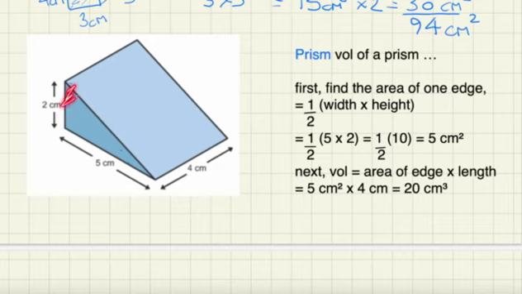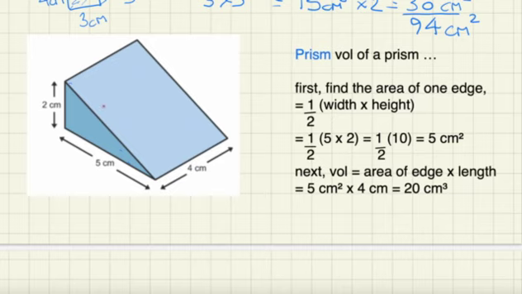So this is an edge. We find out the area. Now, if we were to make a copy of this edge and put it on top and flip it, it would form a square. So in fact, this is half of a square. So first of all, we need to find the area of that one edge.